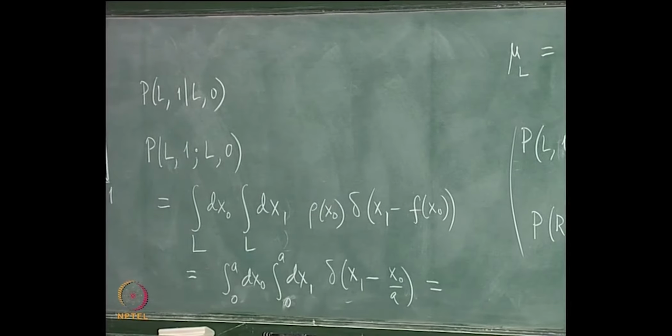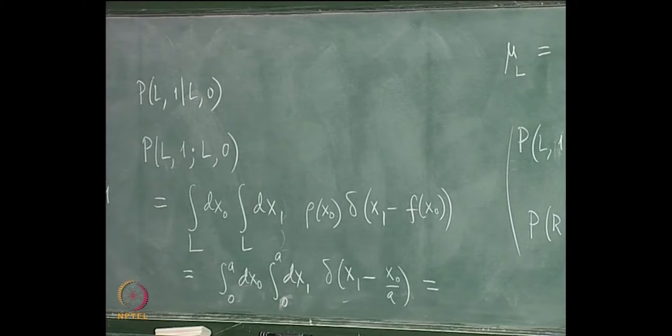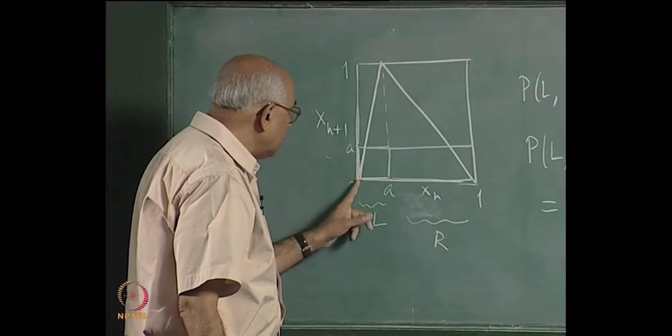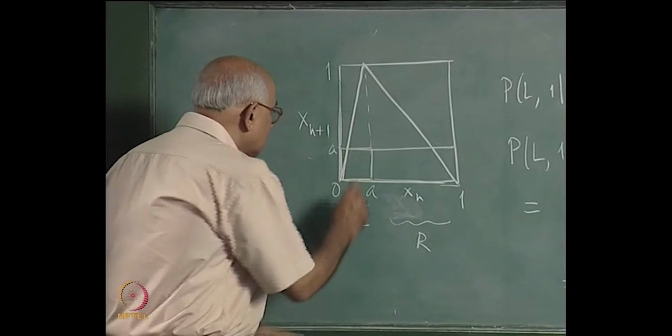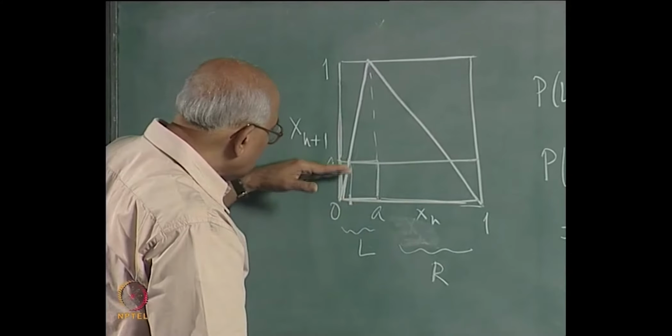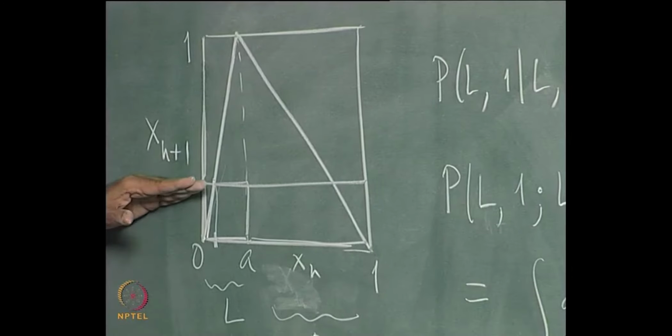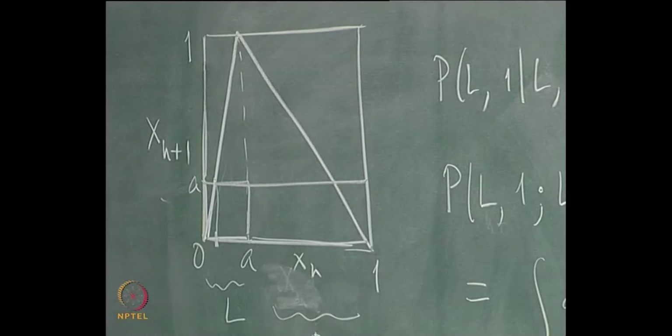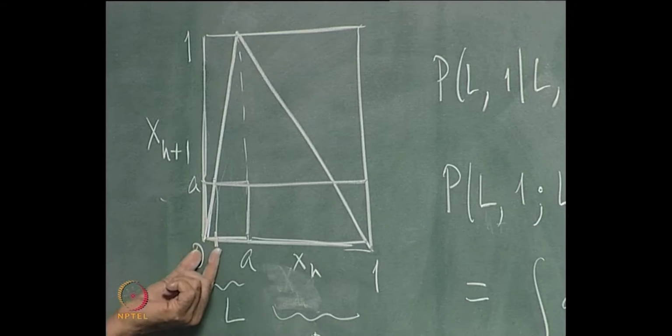Of course it fires, for all x naught between 0 and this point, wherever this intercept is, for every x1 in this region of integration between 0 and a, that delta function fires. So I can do the x1 integration provided I restrict the x0 integration to this region, otherwise the delta function does not contribute.